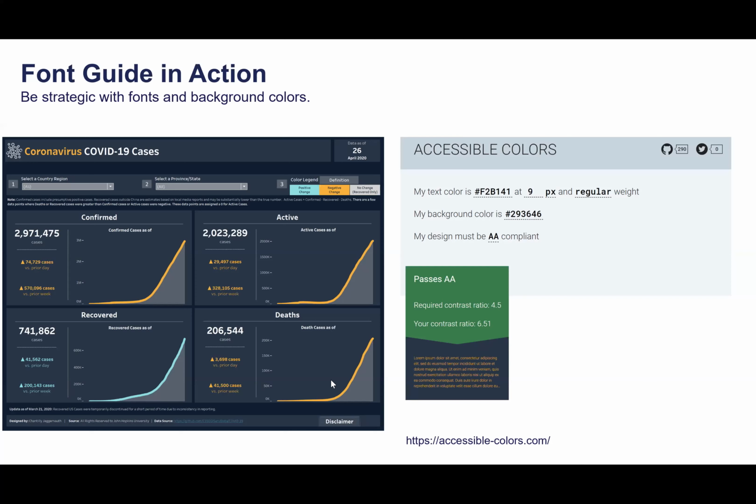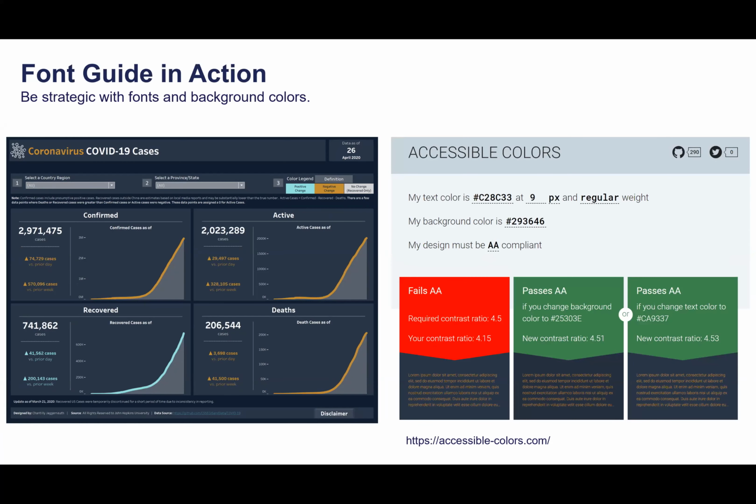So I've taken the text color that you see, the yellow, and I plugged it in. I plugged in the font weight here. I plugged in the background color, and it lets me know that it's compliant, right? You need to have at least a 4.5 contrast ratio between your text and your background color, and this one passes. If I were to darken that yellow just a little bit, you can see here that it does not pass, it fails.